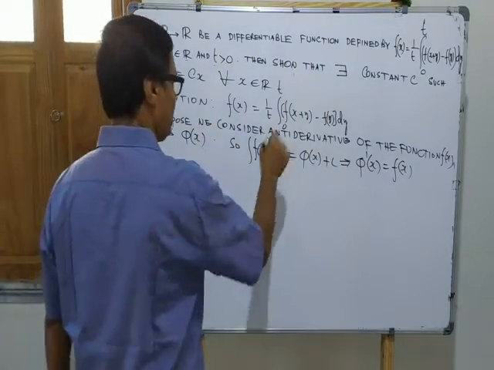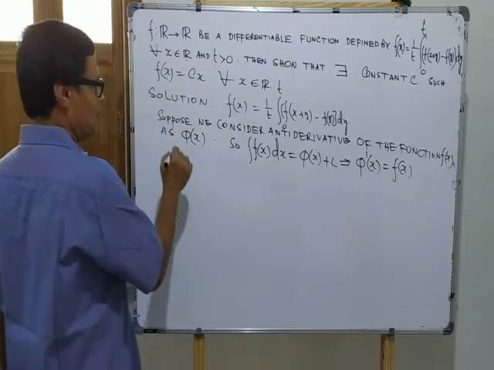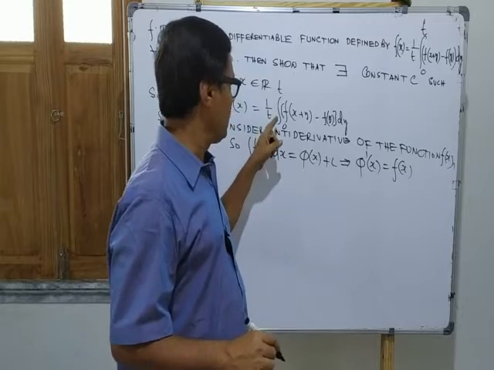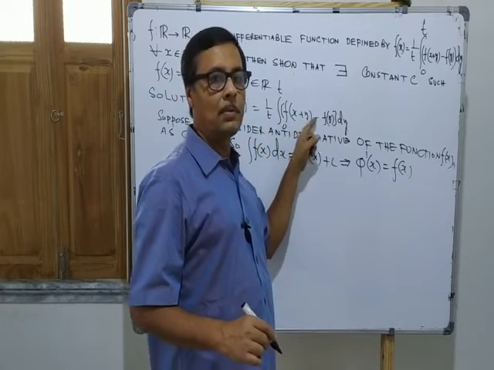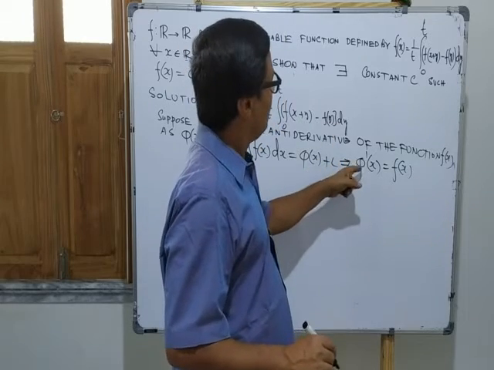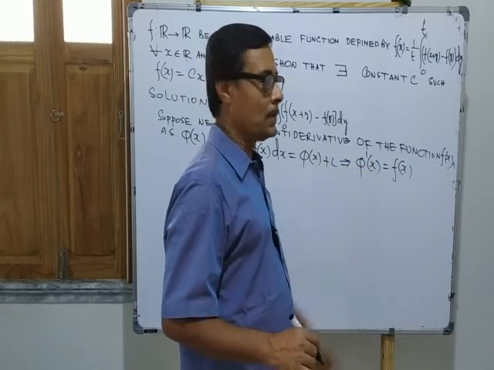Now the functional equation is given as 1 over t integral from 0 to t of f(x plus y) minus f(y) dy. We have got phi dot x equal to f(x).